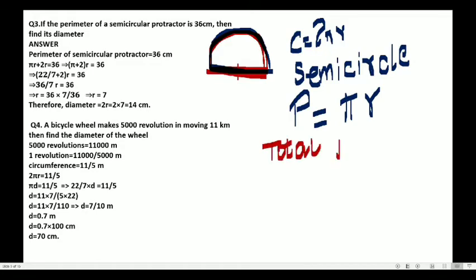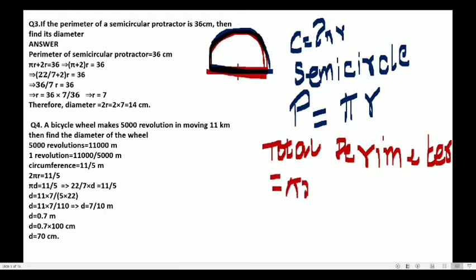So total perimeter of a semicircular disc or protector comes as pi r, which is the semicircle arc, plus 2 times r. Either it can be written as 2 times r, or if it is given as the diameter, you can write pi r plus d also.